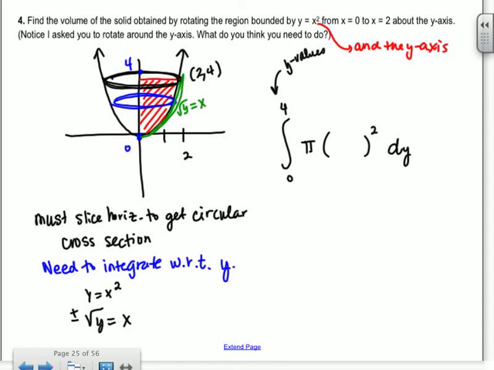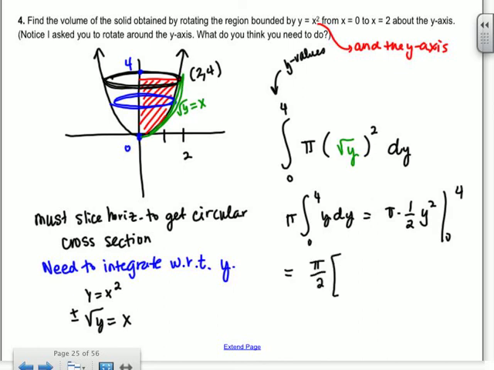So we want square root of y in there. That makes it nice. All right, so you just have 0 to 4, pi's on the outside, you just have y dy. So it's 1/2 y squared with a pi out front, 0 to 4. Yep, so you get 8 pi.